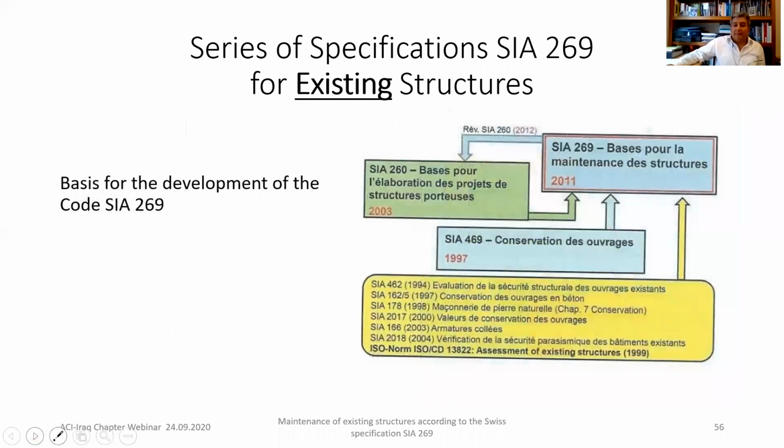And the basics, the references of this code is presented here, because to establish this code, they need the previous code, such as the ACI 469, the old one, which is talking just about the procedure, but not the structural design. We will show you later.